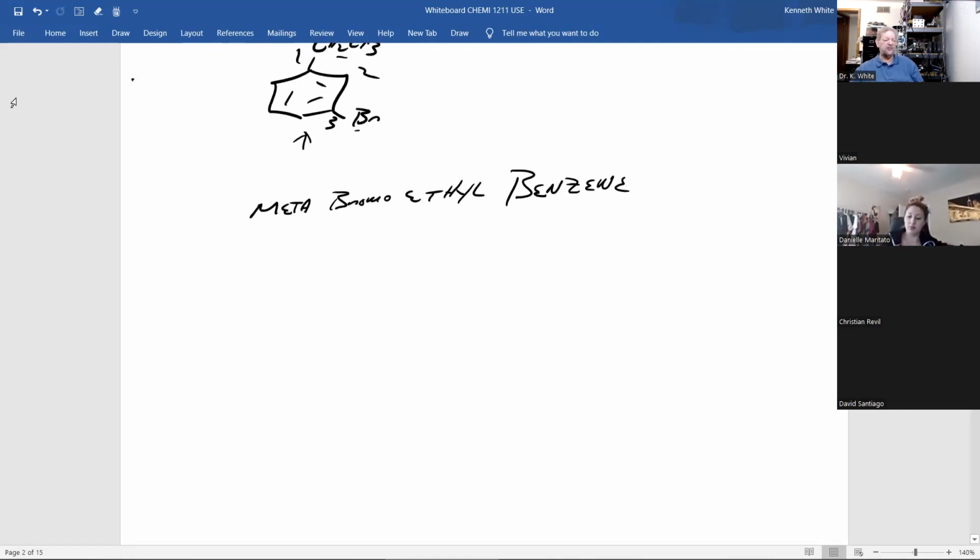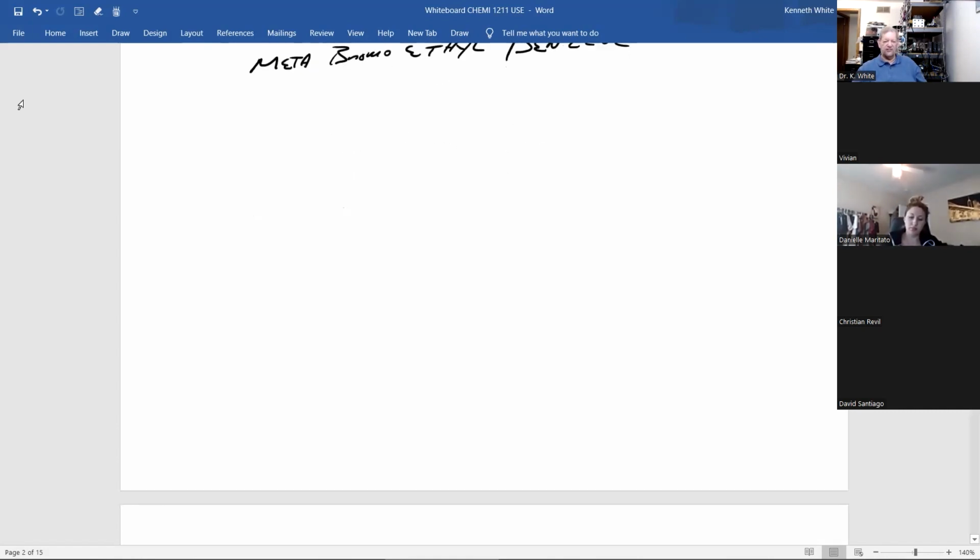Now, there's 2 types of nomenclature question. One is, here's the structure, give the IUPAC name. The other is, here's the IUPAC name, draw the structure.